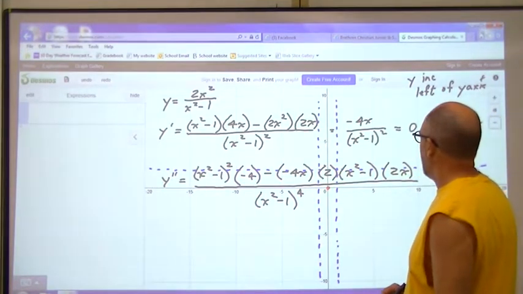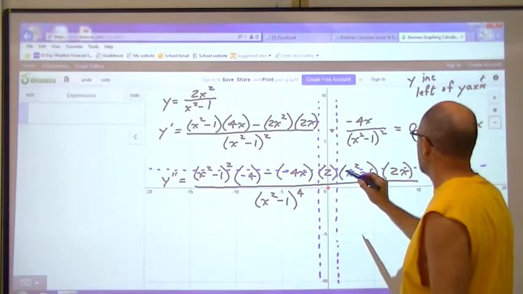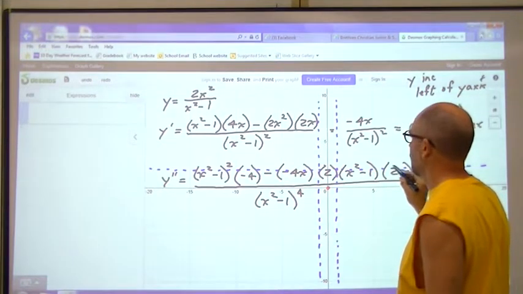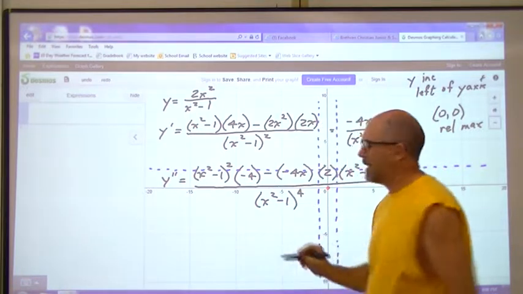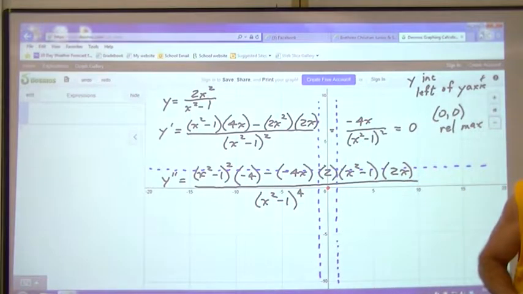And away we go. Okay, so let's clean this up now. So we've got negative 4. You know, here's what we'll do. I'm just going to do this in my head.